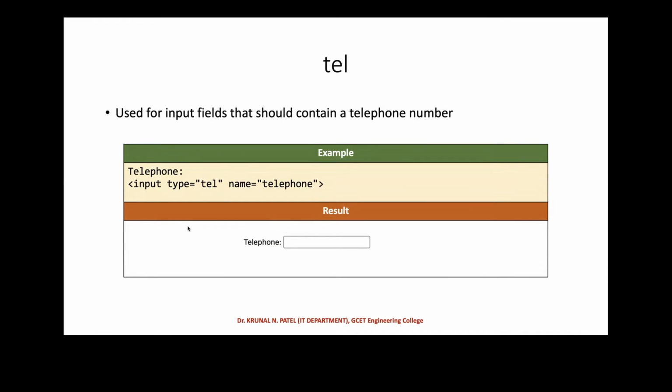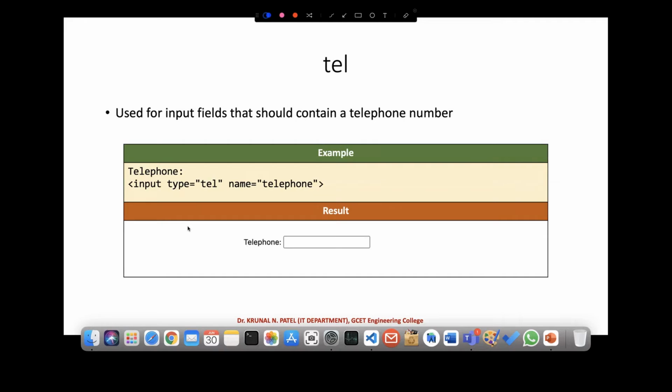Next is telephone, right? It provides the default pattern. Here there is no pattern defined, but you can define the number pattern, and according to that you can enter the inputs, only numeric values, which will be accepted in the form of telephone numbers.